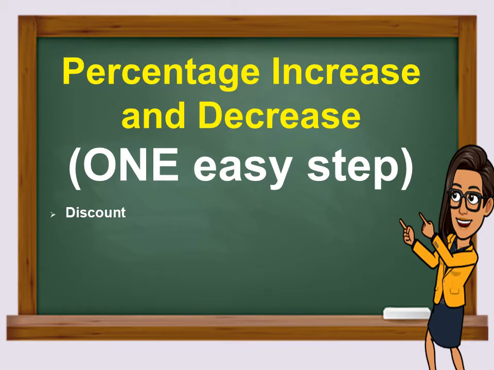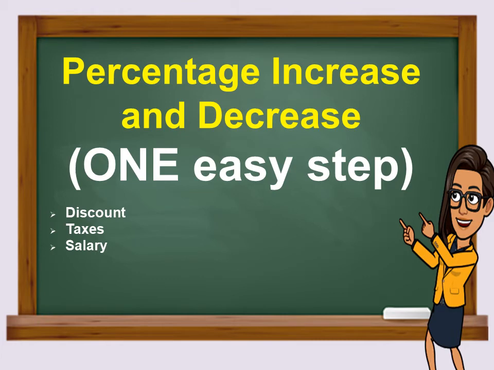Now, when we find a discount, that causes a percentage decrease. Taxes, well, it depends on how you look at the taxes. If you're applying taxes to an item, it would increase the price, or if you're deducting taxes from an item, it will reduce the price. Or, for example, if you're deducting taxes from your pay, that would result in a percentage decrease.